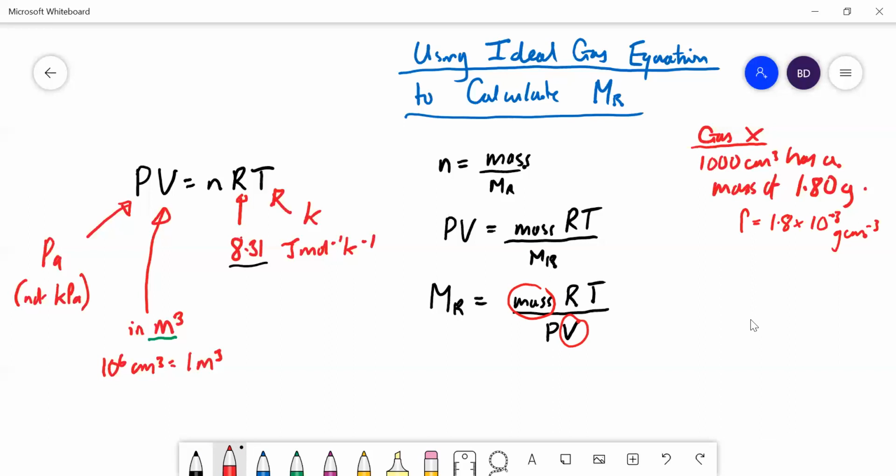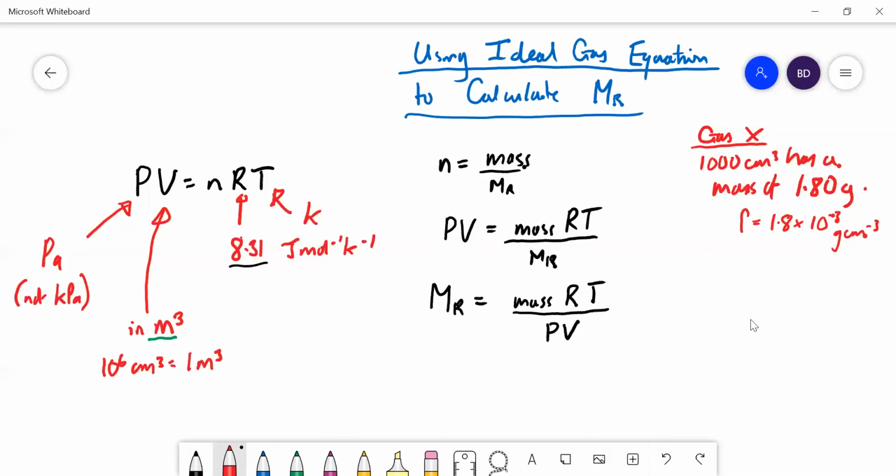Gases like carbon dioxide have quite a big Mr, 44. It's heavy. A gas like hydrogen, because it's a molecule of 2, is going to be very low density. So we kind of know that already. Helium, with an Mr of 4, is a pretty low density gas, and balloons will float with it.